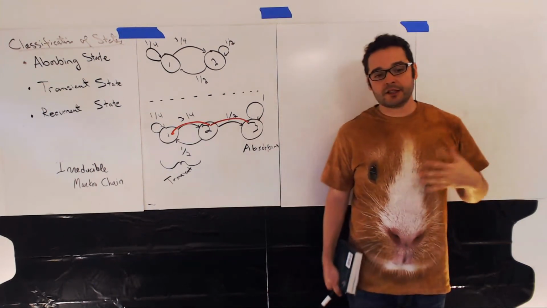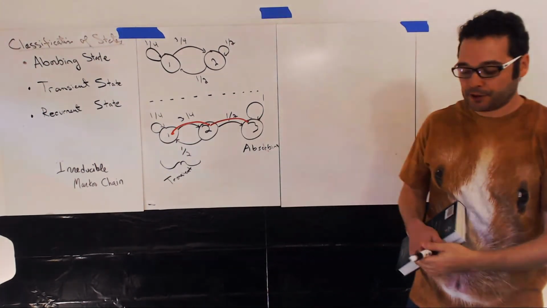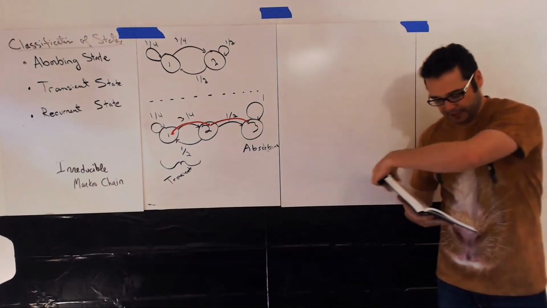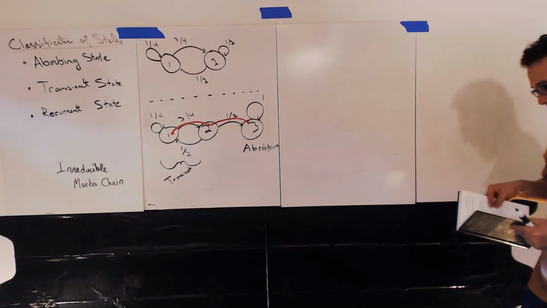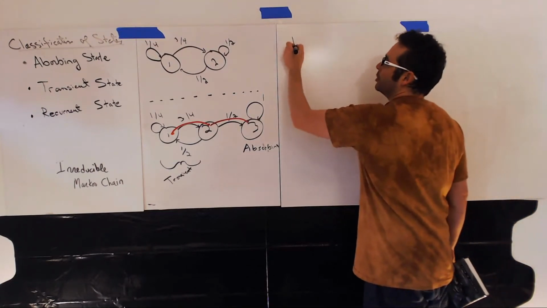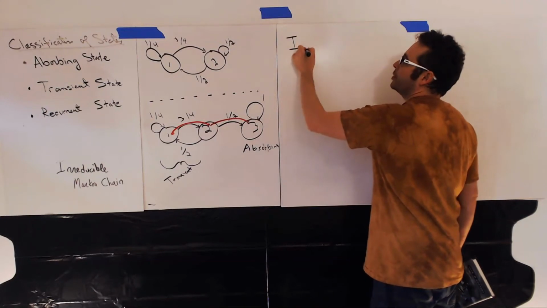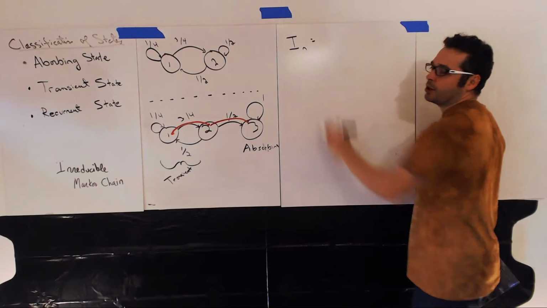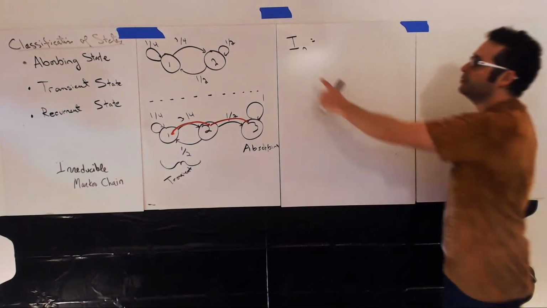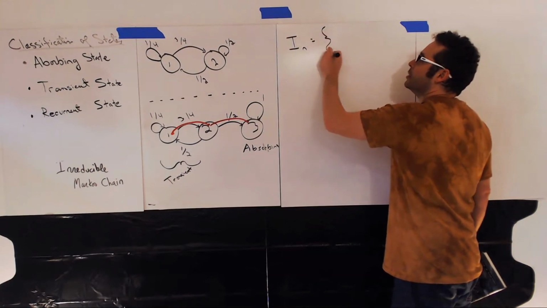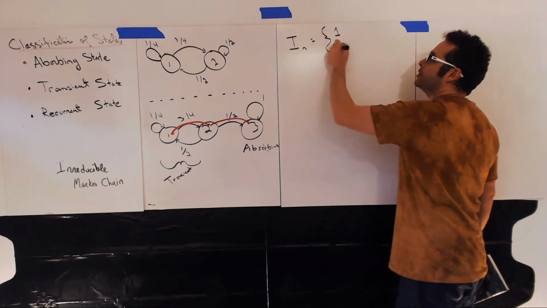So what I'll do next is provide the mathematical definition of what that means exactly. All right. So the way that we're going to do this is we're going to start with a random variable, or just a variable. This is typically called an indicator function. That's why we call it I with an n. And this indicator function is going to be equal to 1 or 0.